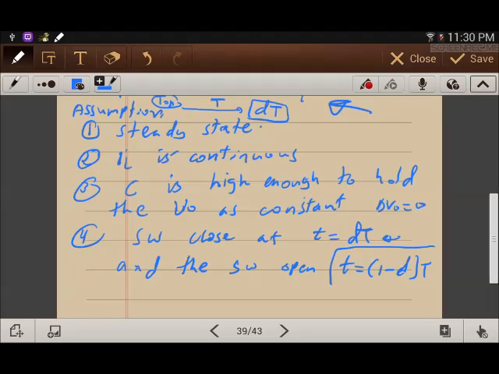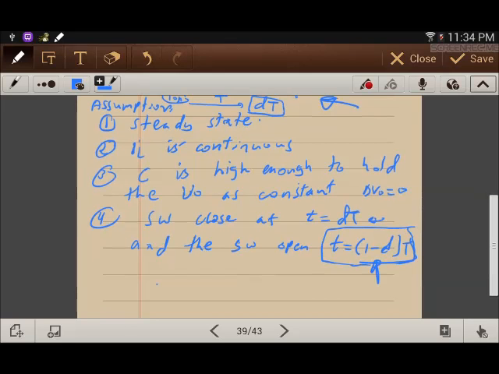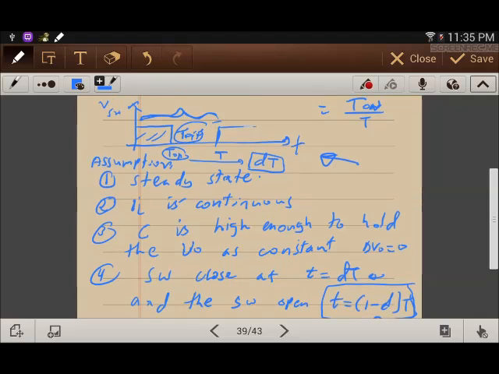So how did we find that? This T off is the time at which the switch is open. So if we look here, T off is actually T, the total period, minus DT, which is the time at which the switch is closed.